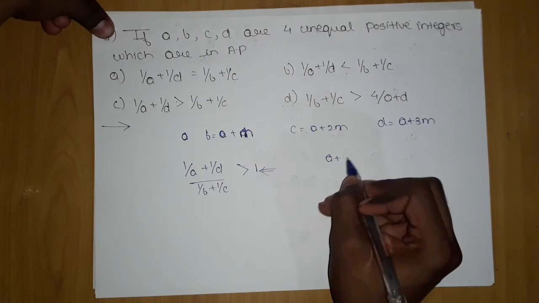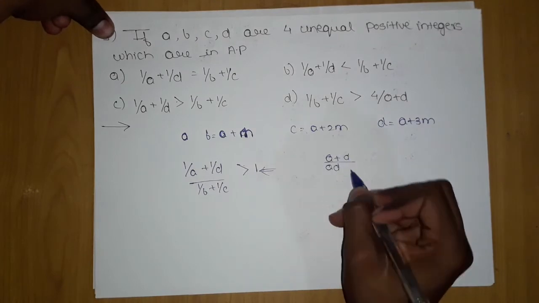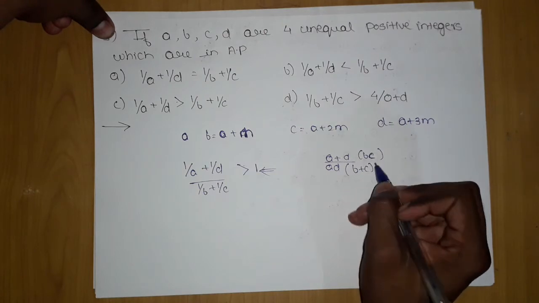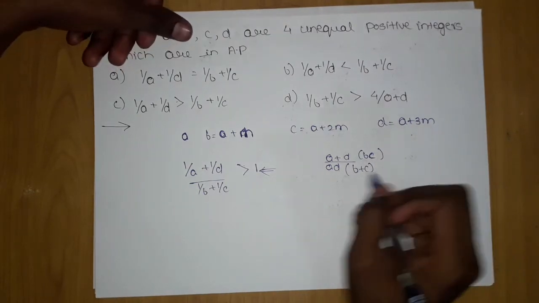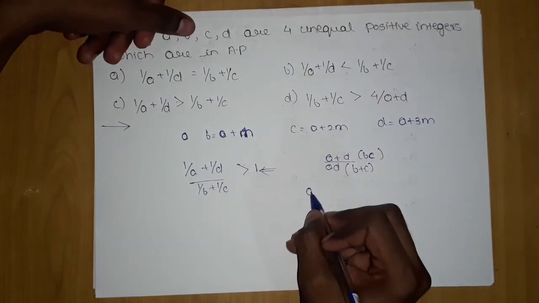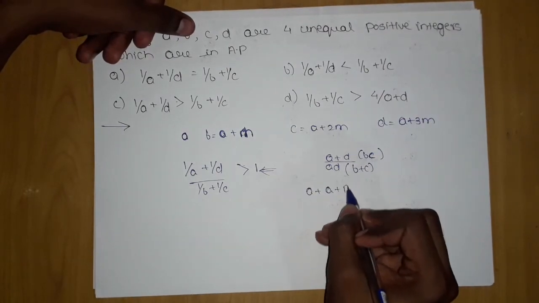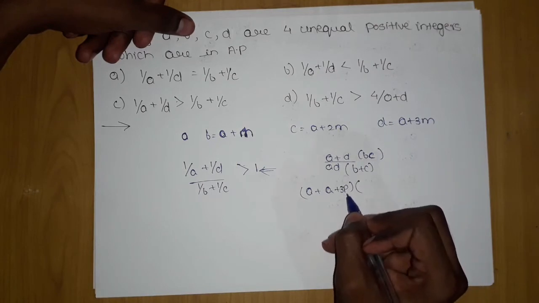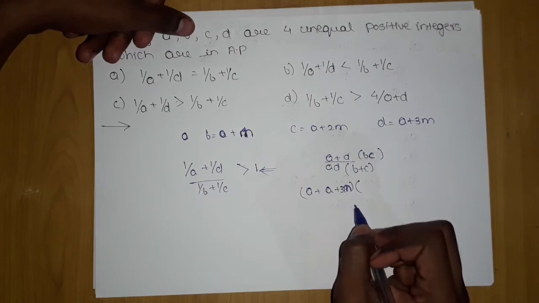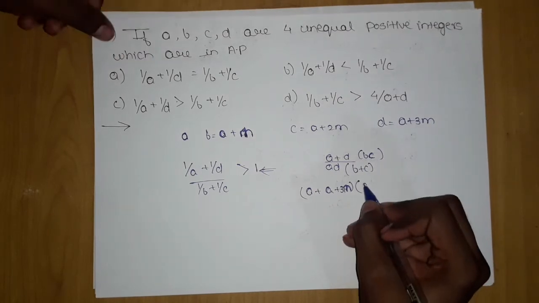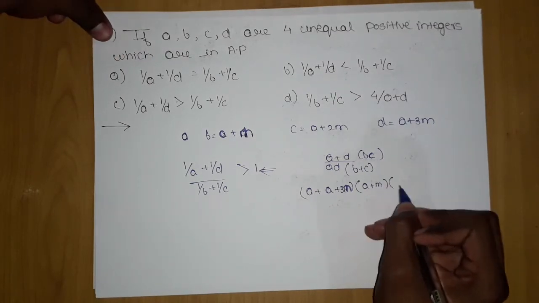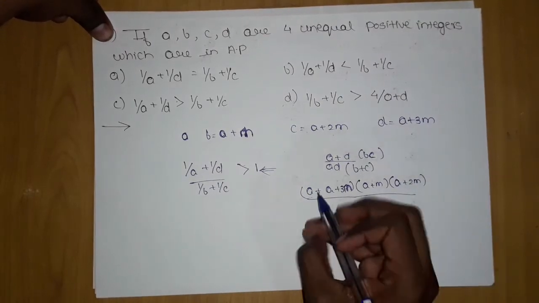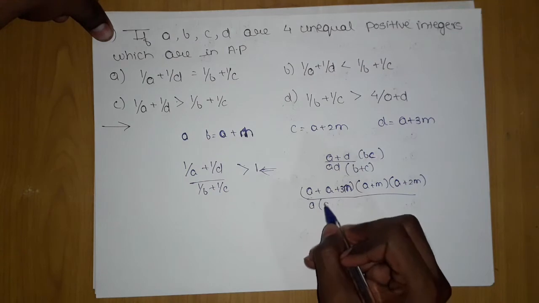So (a plus d) upon ad, into bc upon (b plus c). We will just calculate this value: a plus d is a plus 3m, okay. So we got this, and now (a plus m) into (a plus 2m) upon a into (a plus 3m).